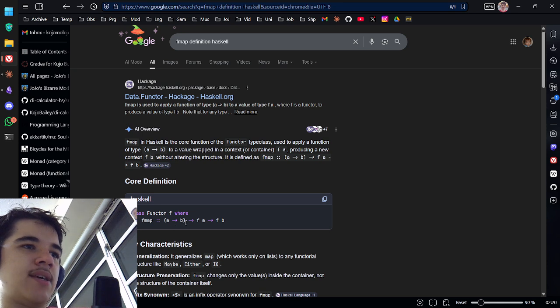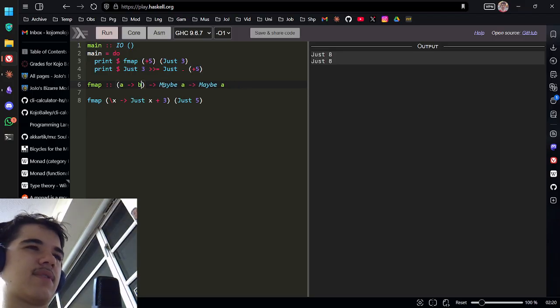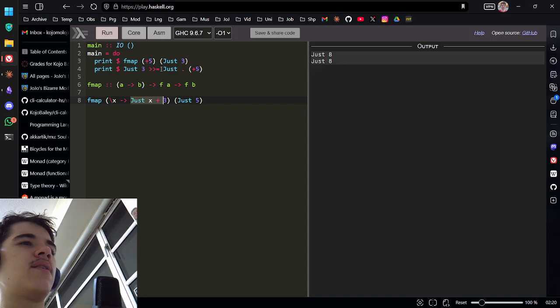F A, F B. So it's A to B, where F A, F B. Huh? Really? I mean, nice. Like generally speaking, F of A, F B. But this returns something else. Oh no, I'm thinking of the monad operator.